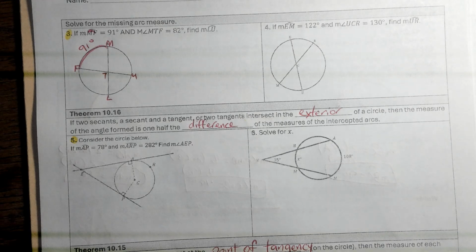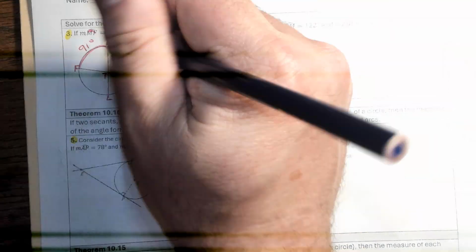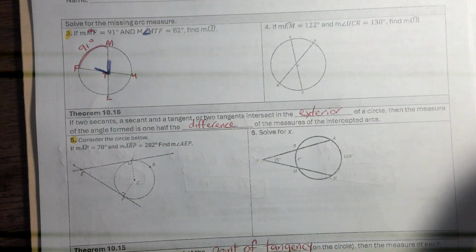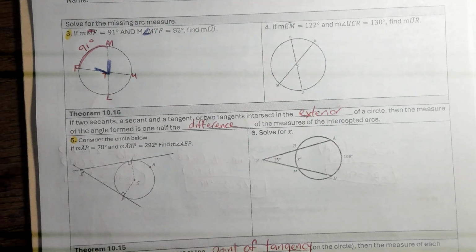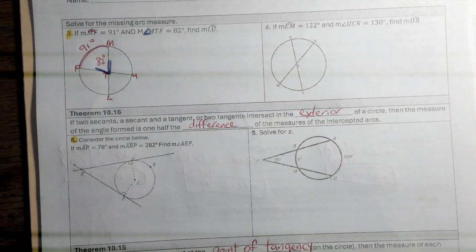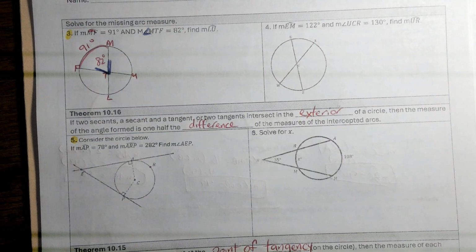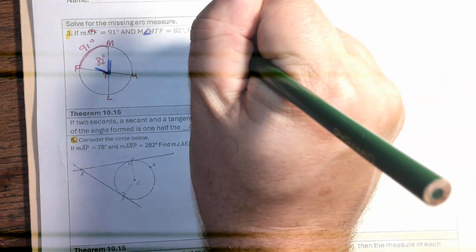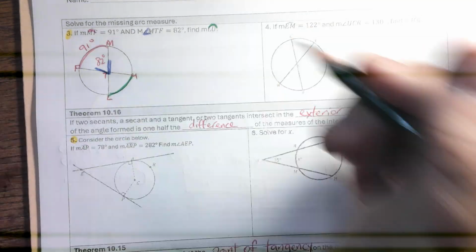So, this angle. Sorry I didn't make the same color, but that's okay. You guys will be all right. 82. Okay. They want to find LU. So LU. Okay.